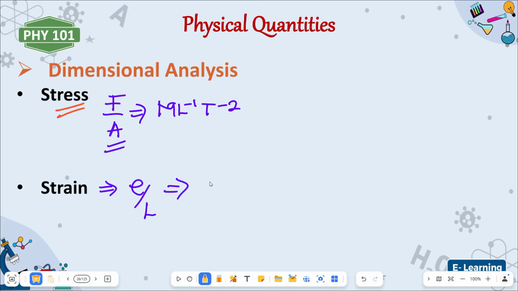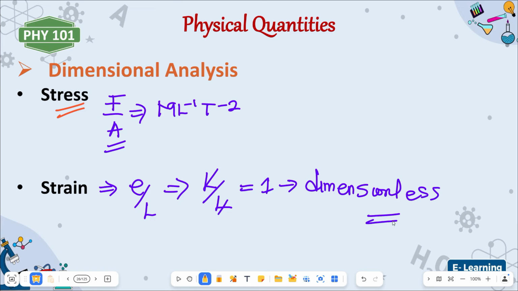So extension is still length. Length is extension. So extension over length is length over length. Length cancels length. Here will give us 1. So strain is dimensionless. Is that okay? Strain is dimensionless.